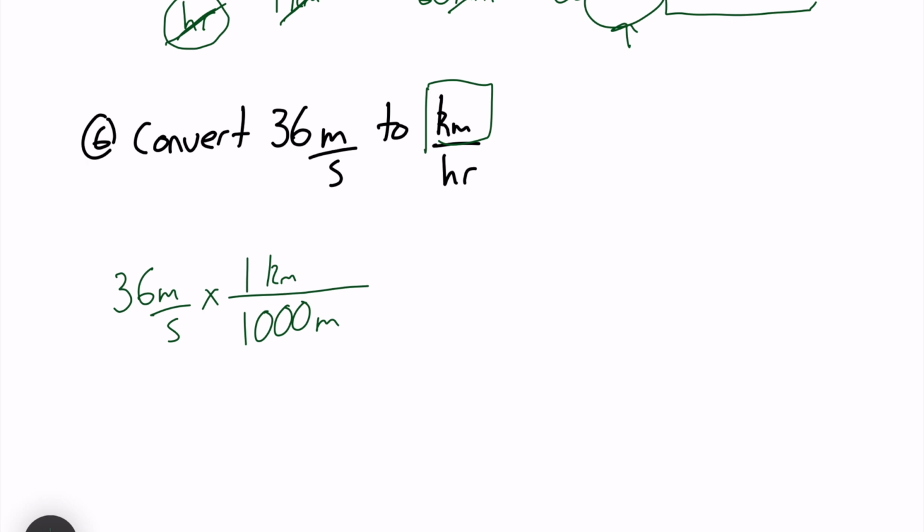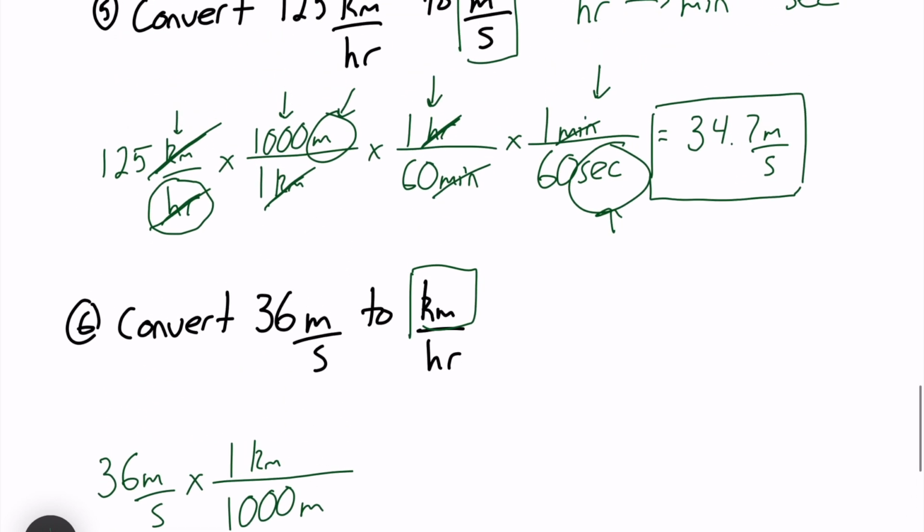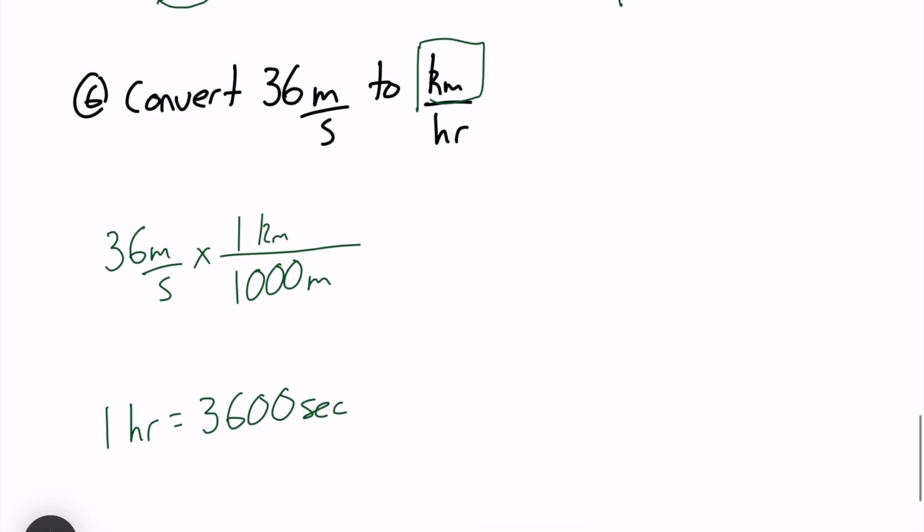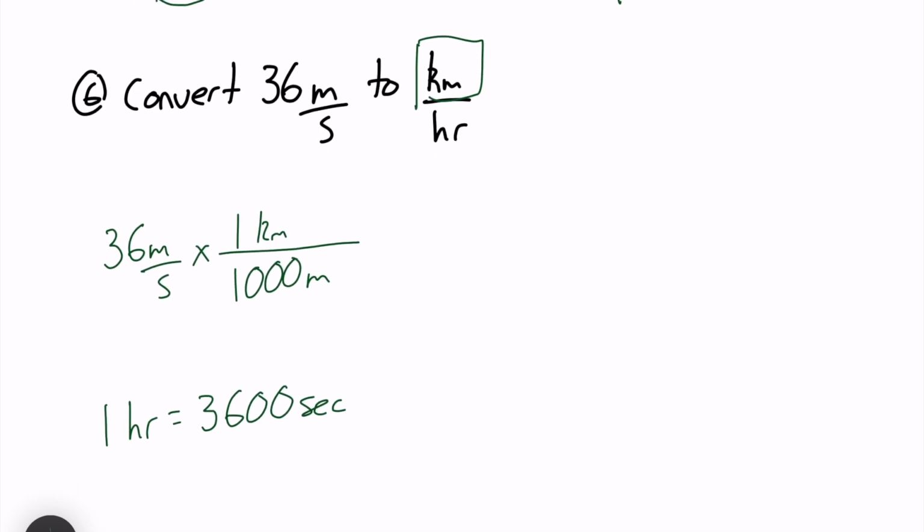Now, the shortcut I'm going to show you is that 1 hour is actually equal to 3,600 seconds. So instead of these two conversions up here, we can actually shorten this into one conversion just by saying 1 hour is equal to 3,600 seconds instead of going from hours to minutes to seconds.